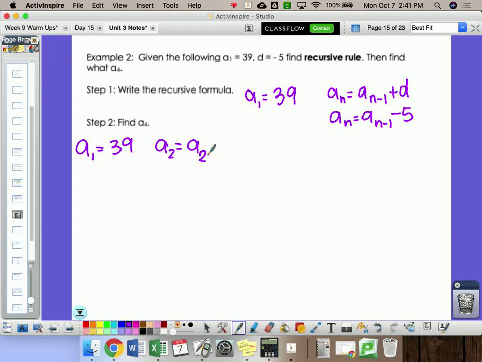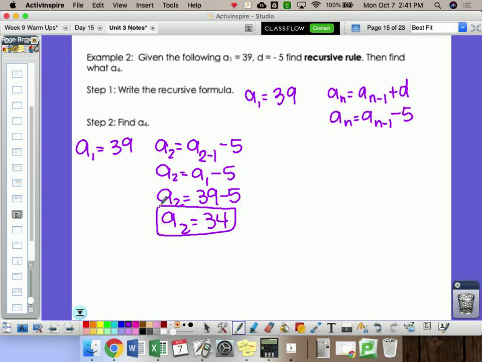So A sub 2 minus 1 minus 5. Well, I know that 2 minus 1 would be 1, minus 5. So I would take A sub 1, or my first term, and subtract 5. That would be taking 39 and subtracting 5, which would give me 34.